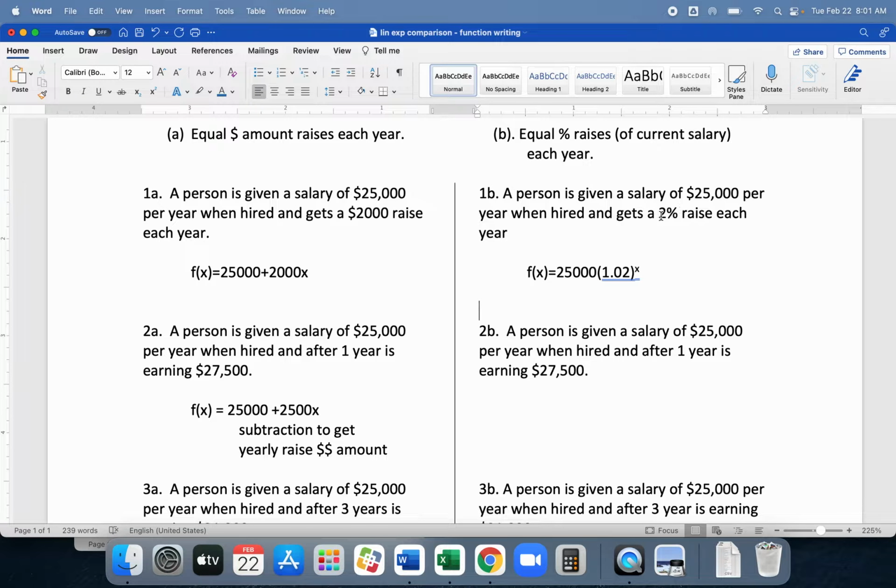So we just converted this percent change, which was a percent growth, increased by 2%, the phrase 2% raise, into multiplication by 1.02. This number is 0.02 larger than the number 1. So multiplying by it makes our result 2% larger than it used to be.